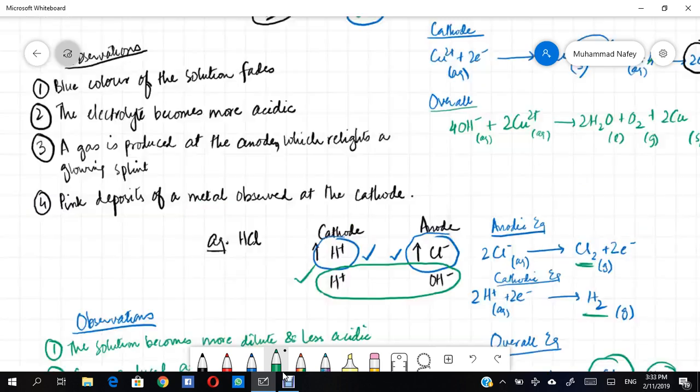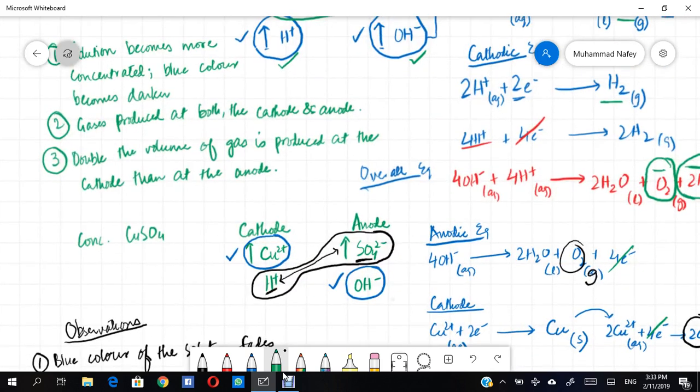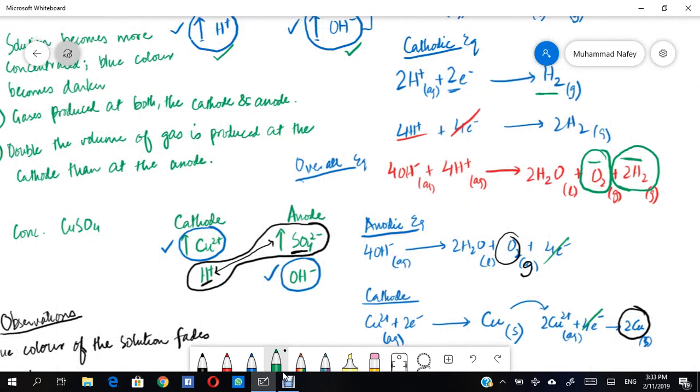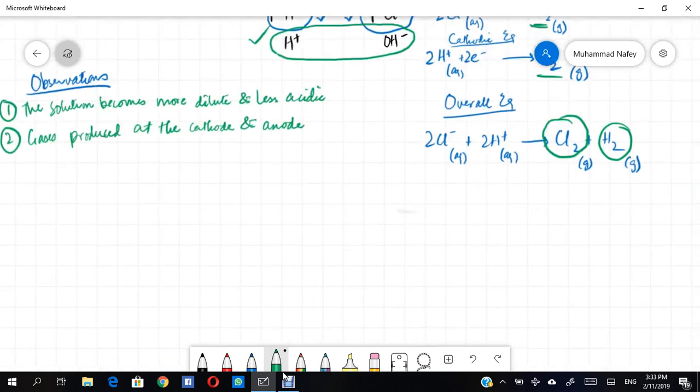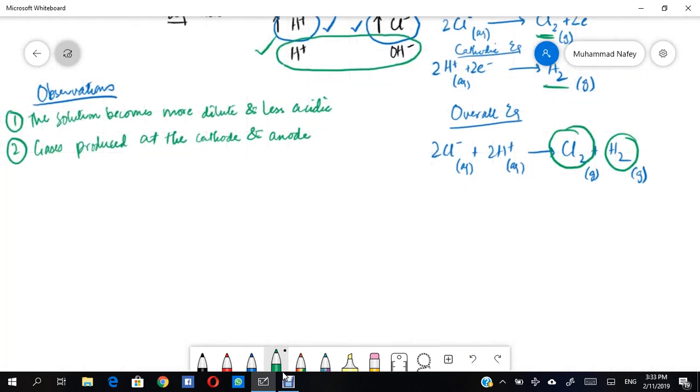Let's compare this with electrolysis of dilute copper sulfate, where we noticed that one molecule of oxygen was being produced as compared to two molecules of hydrogen, whereas here this is not the case. Here we have equal volumes of chlorine and hydrogen being produced. So we can say that gases are produced at the anode and the cathode in equal volumes.